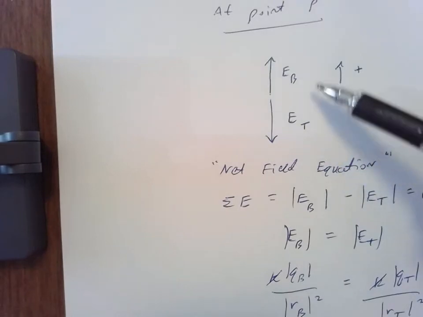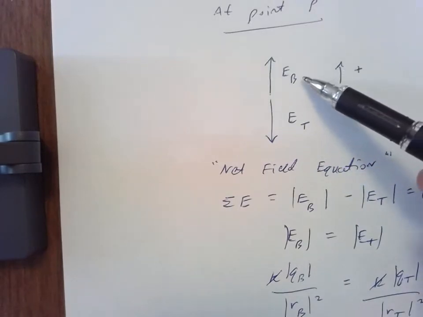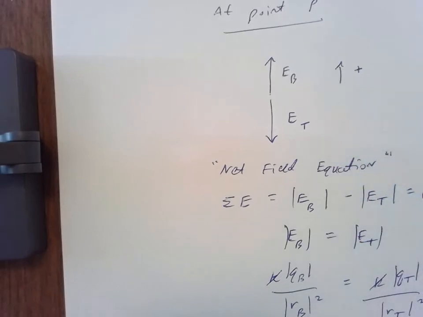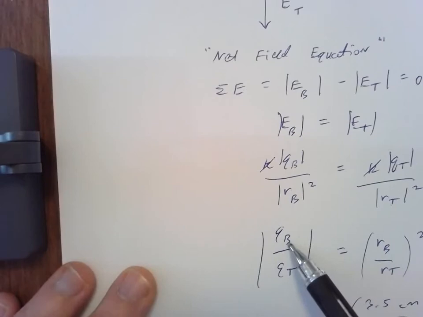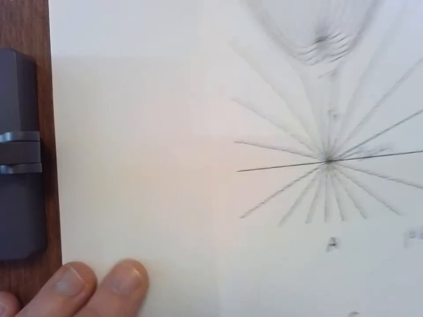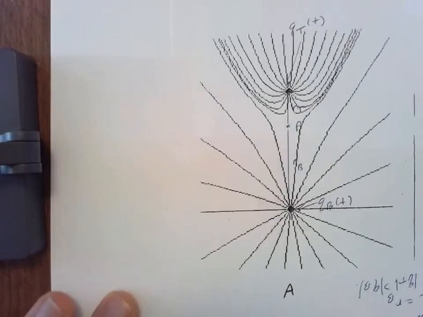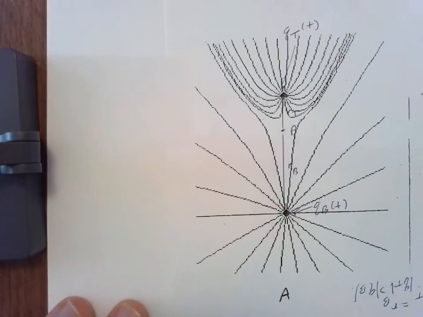So that's how these two vectors can end up being equal in magnitude, even though the distance from Q bottom is greater than the distance from Q top, is that the magnitude of the charge of Q bottom must be greater than the magnitude of the charge of Q top. All right, so that's pretty much everything we can figure out about the two charges in this situation.